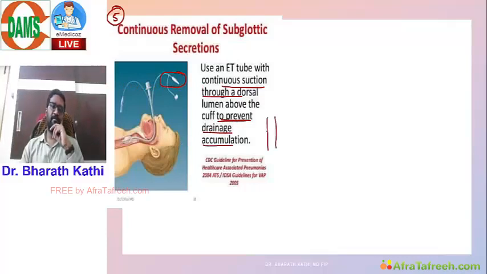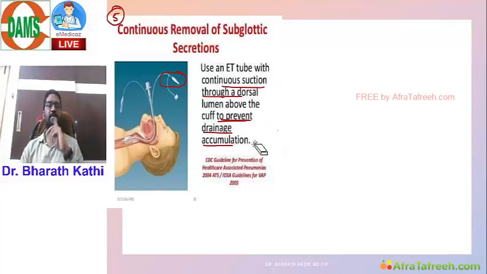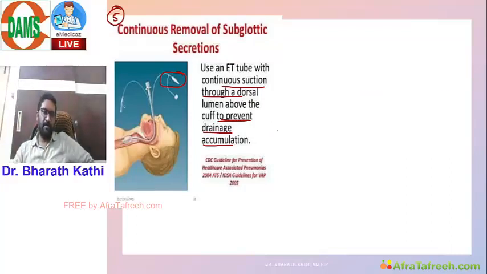See here, if this is the tube, normally when you put a suction, you can only suck out the secretions from the tube. Now this specialized tube will have a port like this, so from this also you can suck out the secretions. Apart from the normal cuff, this is the port to inflate the cuff.